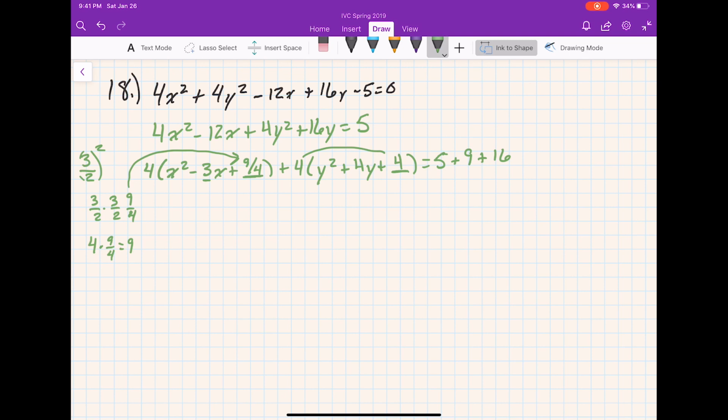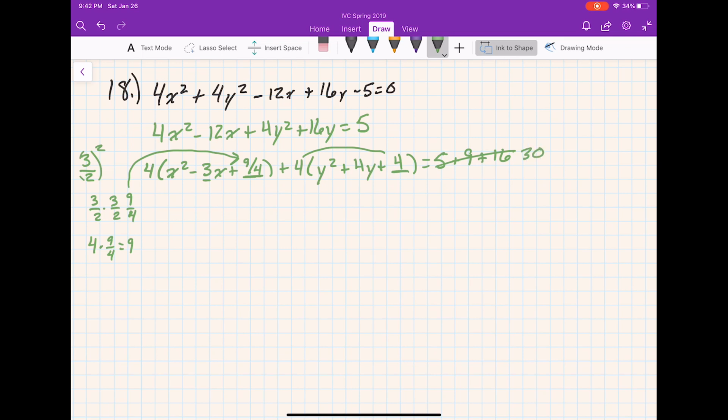So now we are going to have 9 plus 16, 25, 5 plus 25, 30. So that is definitely 30. Okay, cross that out and put 30 there.